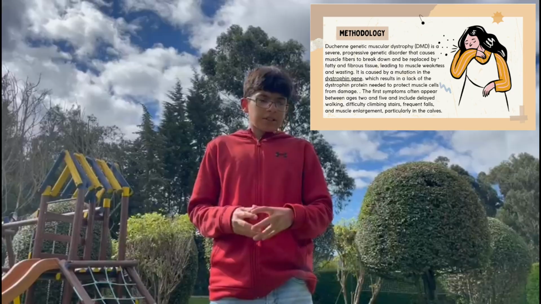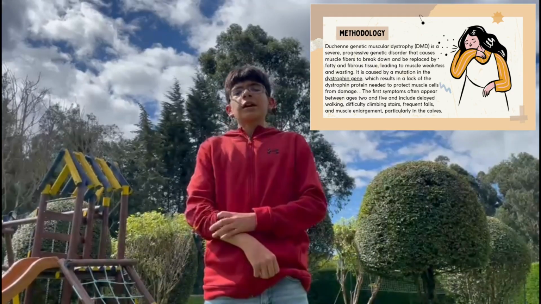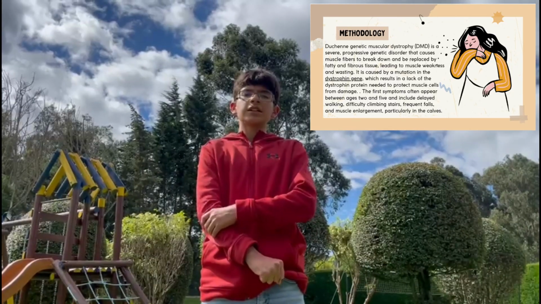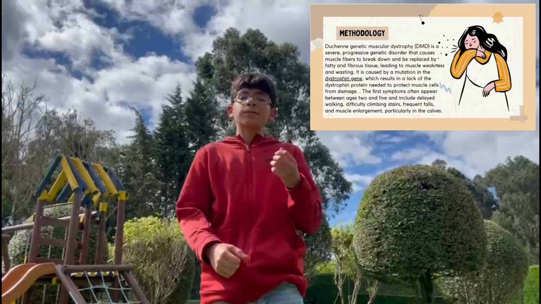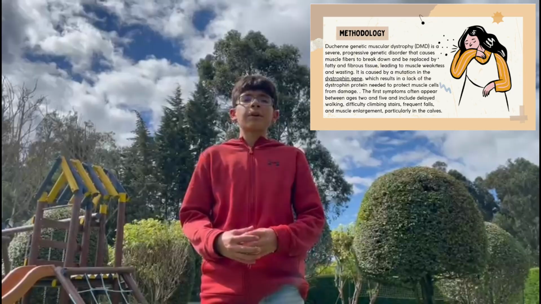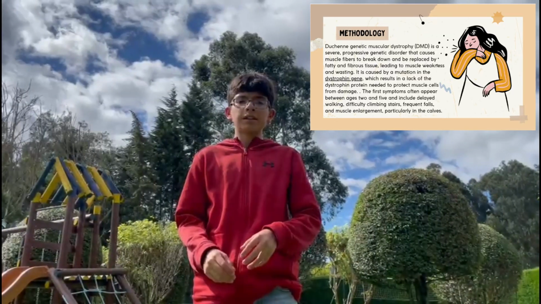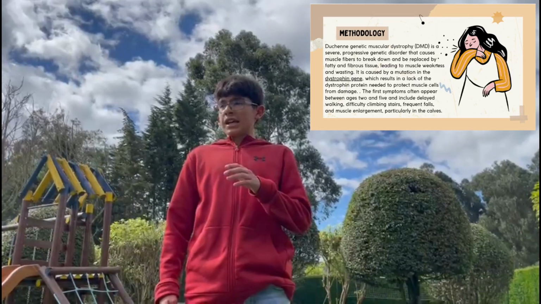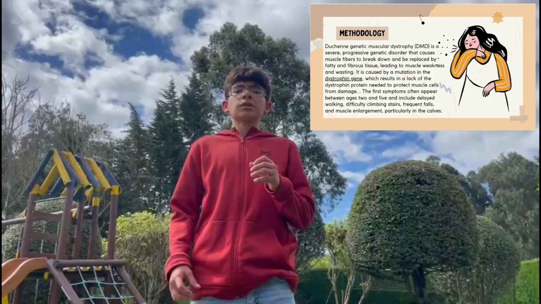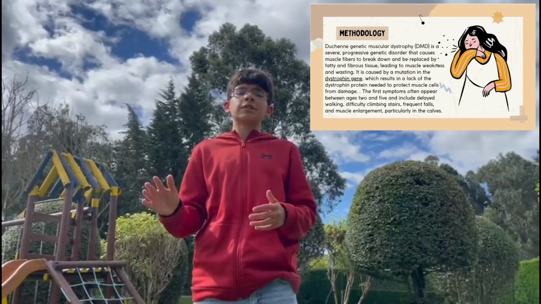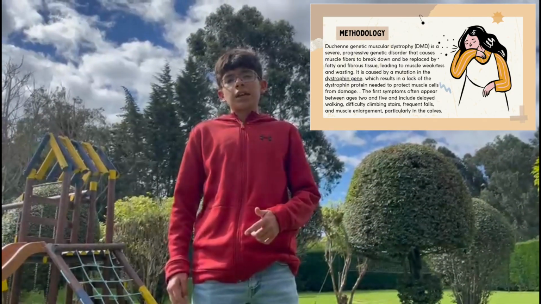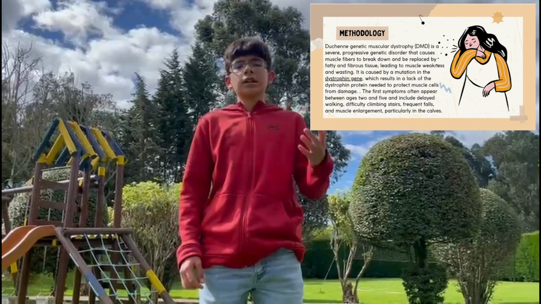The muscular dystrophy may be caused by a mutation of the dystrophin gene, so the protein cannot repair the damage on the muscle cells. The symptoms appear between 2 and 5 years old, causing weakness in walking and general weakness in all the body.